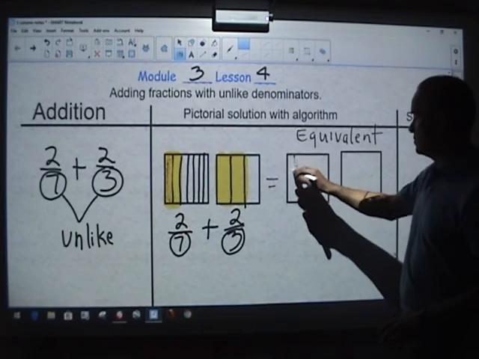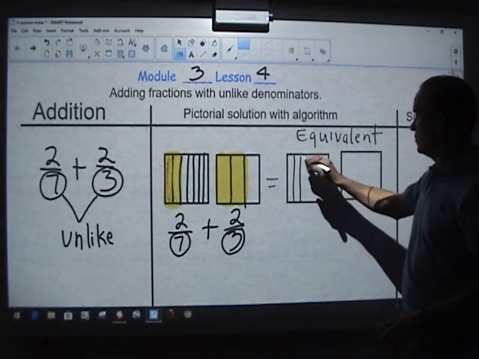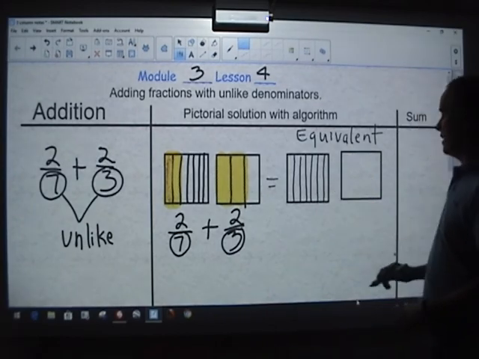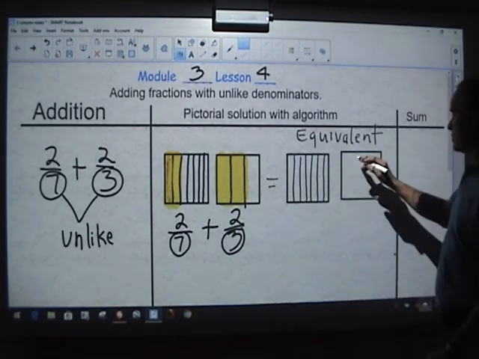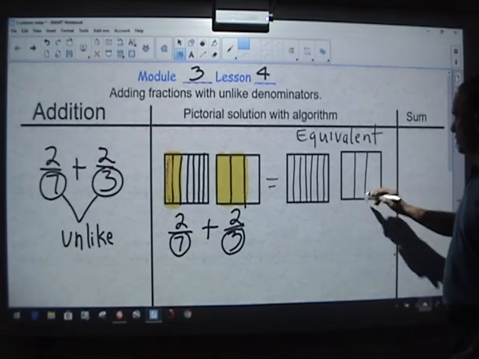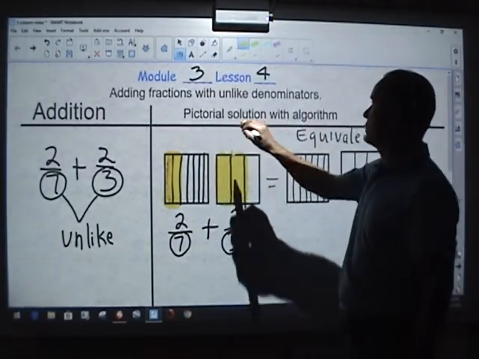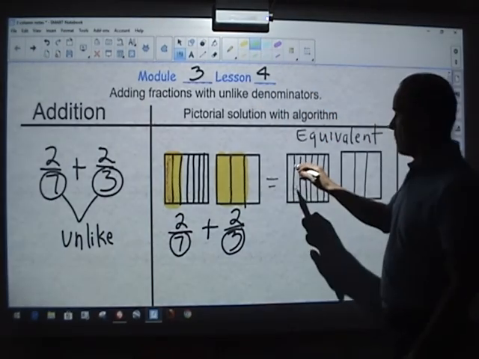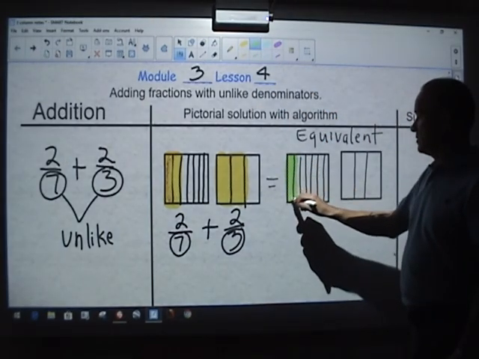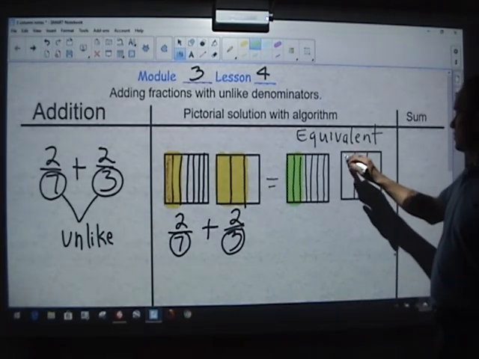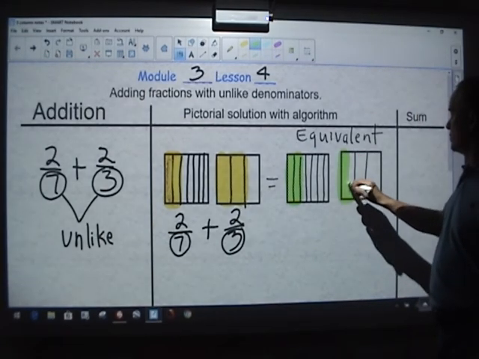So this is 2 sevenths. It's going to be 1, 2, 3, 4, 5, 6, 7. And this is 2/3. So I'm going to copy 2/3 and highlight it. It is necessary that we highlight it as well. So this is 2 sevenths, and this is 2/3.